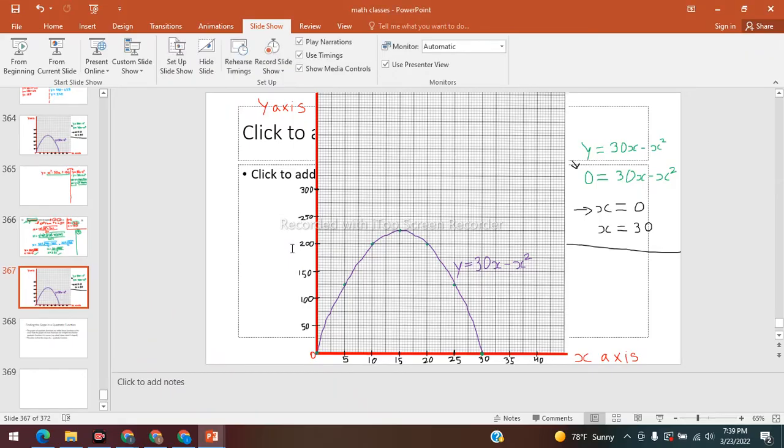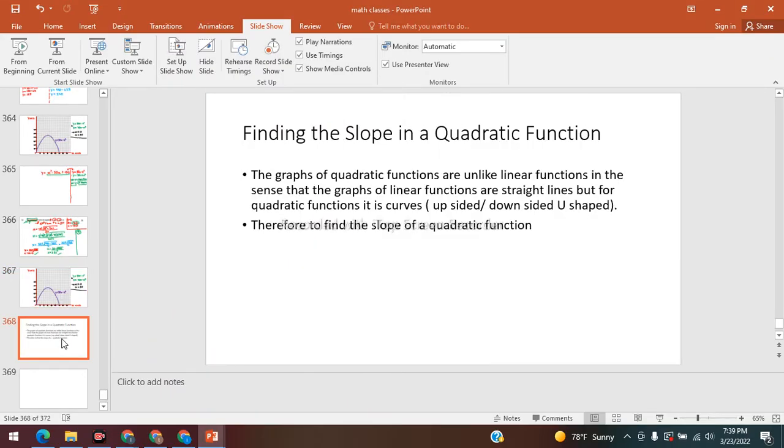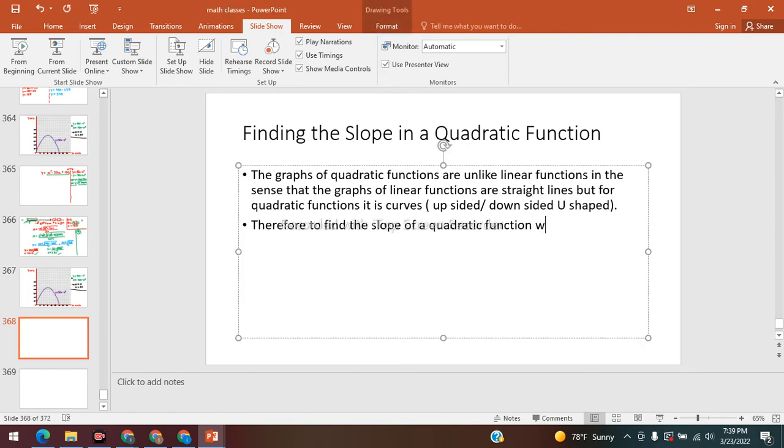Okay, so therefore to find the slope of a quadratic function, we need to do this in the following way. We need to first draw a tangent line at the point where we need to find the slope.